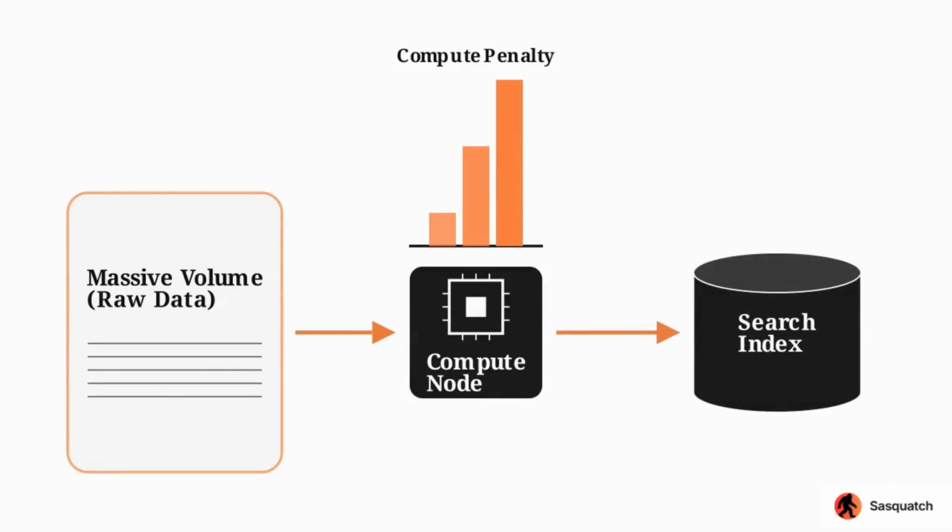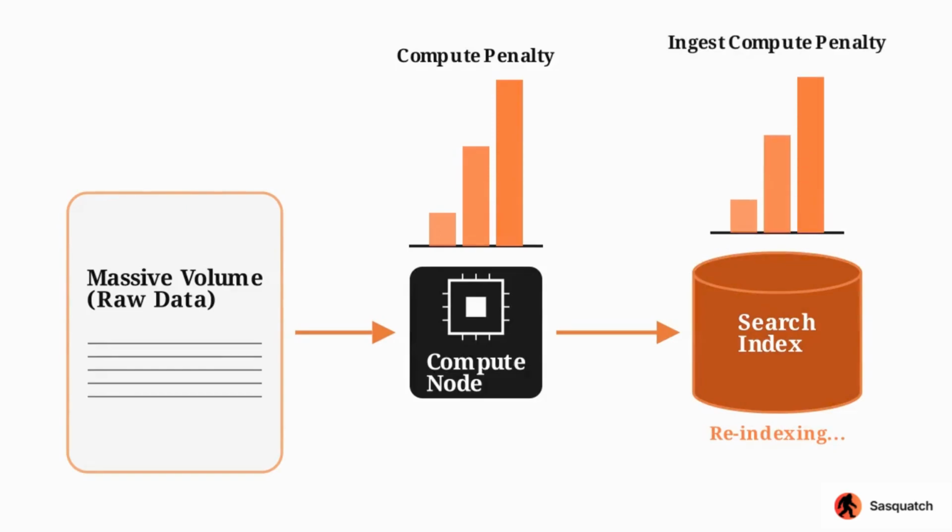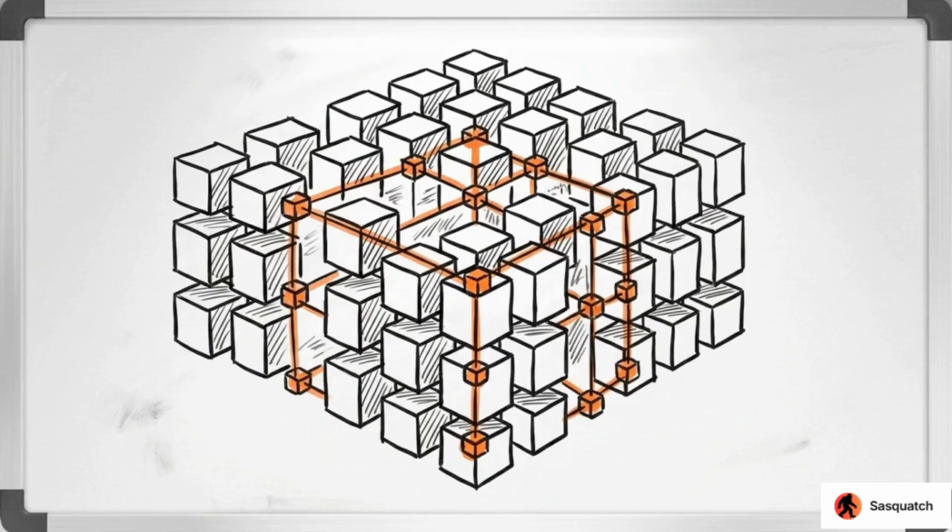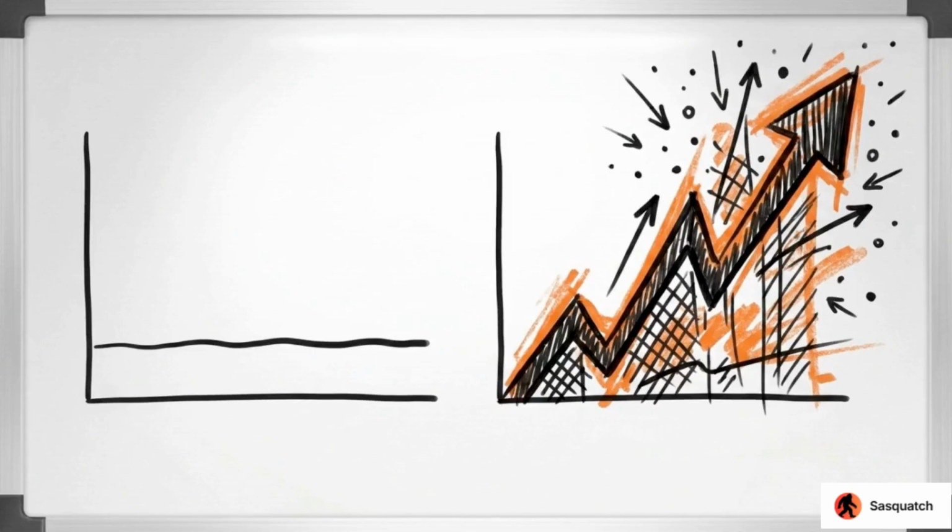To make that data searchable, systems require it to be re-ingested into a separate search index, incurring a second, heavy compute penalty. Resolving this bottleneck requires a modern, structural approach, one that reduces data volume by an order of magnitude without breaking native queryability. Relying on tools like gzip for observability data merely shifts your bill from a predictable storage cost to a highly unpredictable, punishing compute cost.